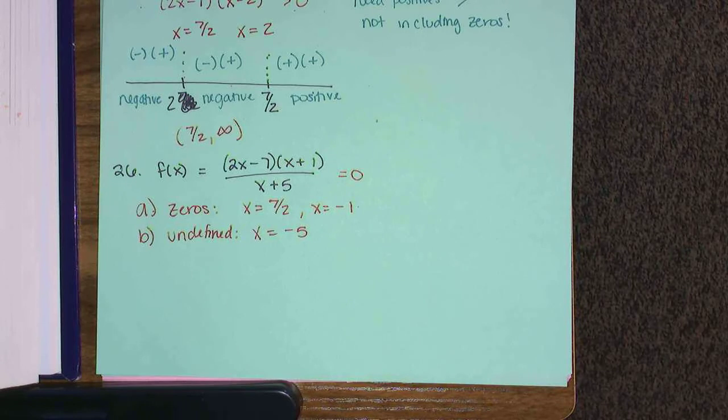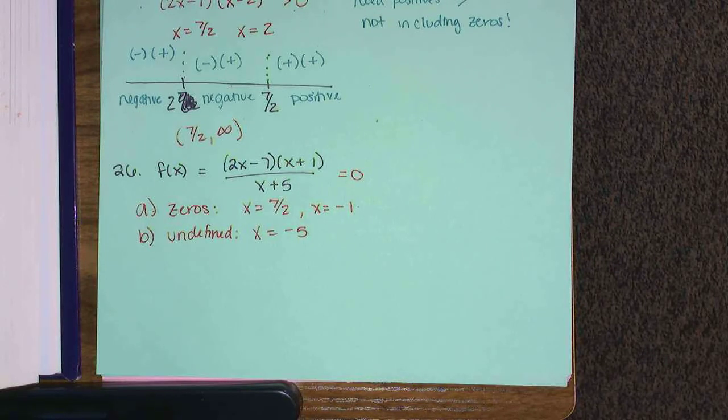We're going to mark that value on there and put a little slash through it to show that it's undefined, so we make sure we don't include it anywhere. We're kind of treating it like a 0, but we remember that it's somewhere that it doesn't exist. If these were inequalities, we'd really have to pay attention to that. These ones are just equalities; we're just finding the positive, negative, stuff like that.